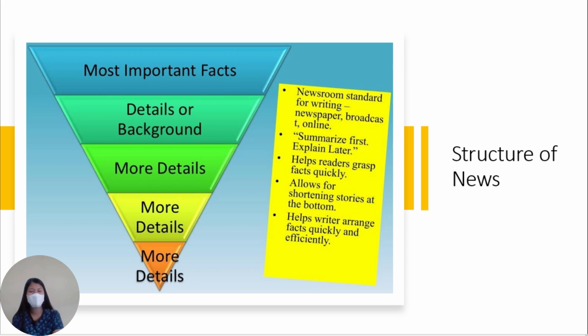It's the next necessary information or next most interesting or most important information as compared to the lead. Then we follow it by adding more details, and more details that is related, of course, to the first part or the most important part of the news article.